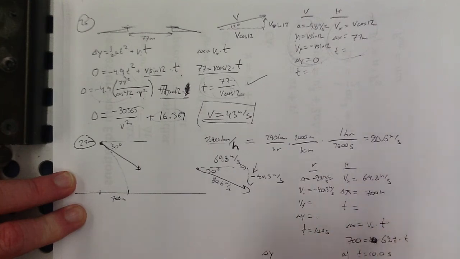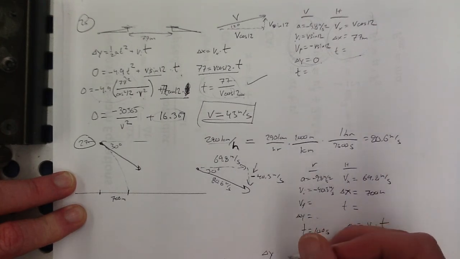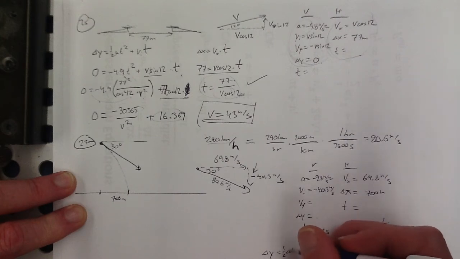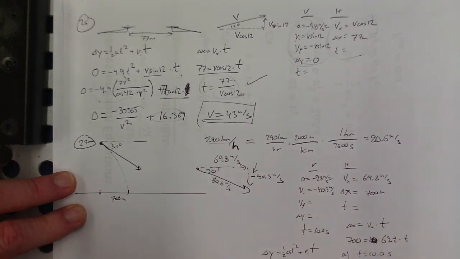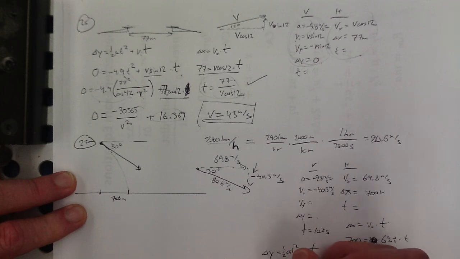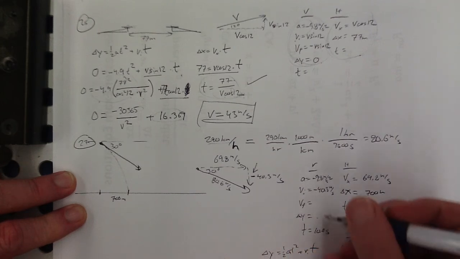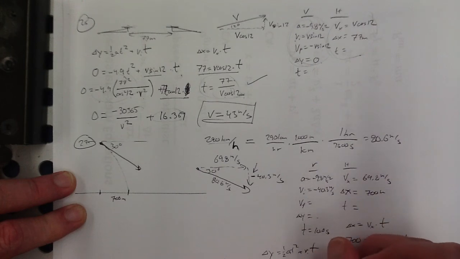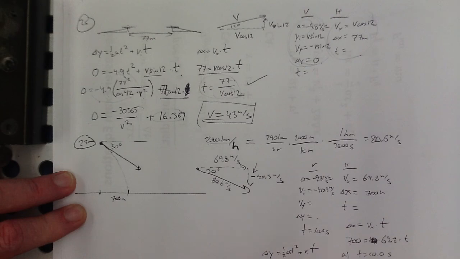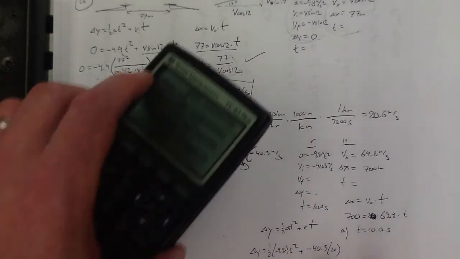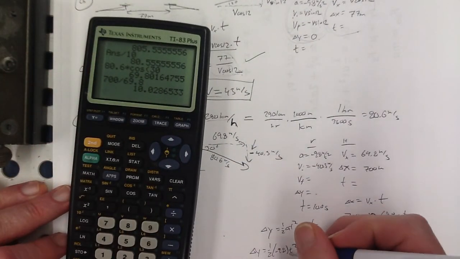That's part A. So here, for part B, delta y equals 1/2 at squared plus vit. Oh, I know the time.